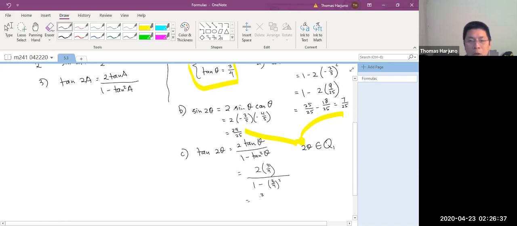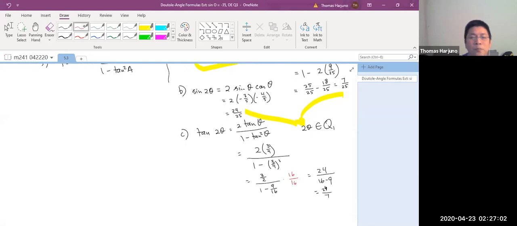That's 3 over 2 over 1 minus 9 over 16. Multiply the top and the bottom by 16 will give me 24 over 16 minus 9. That's 24 over 7.